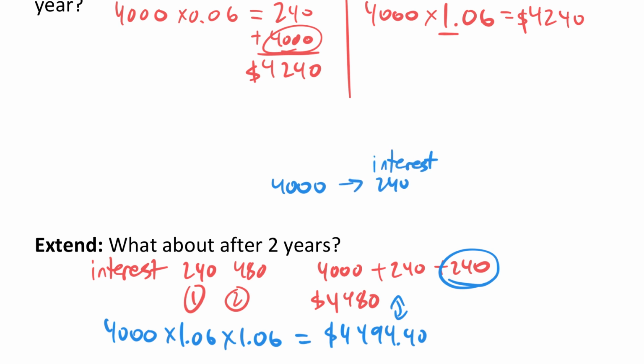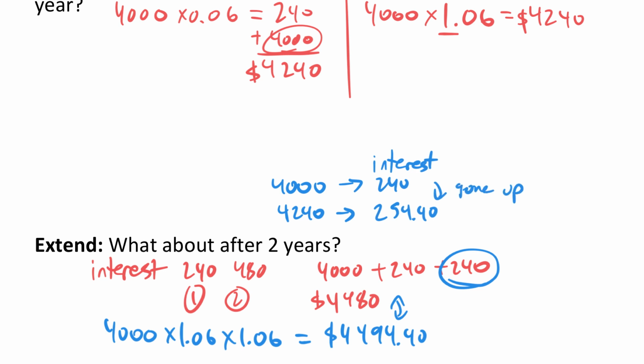But in the second year, you have $4,240 in your account, because your account has the original money, and you've left the interest in. So when you do 6% of that, you get $254.40.